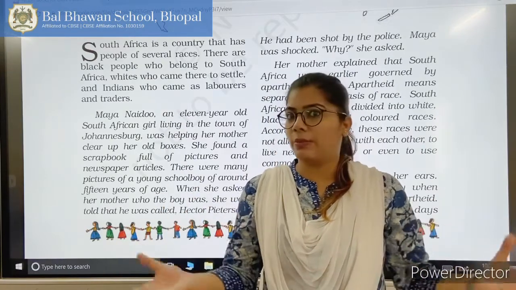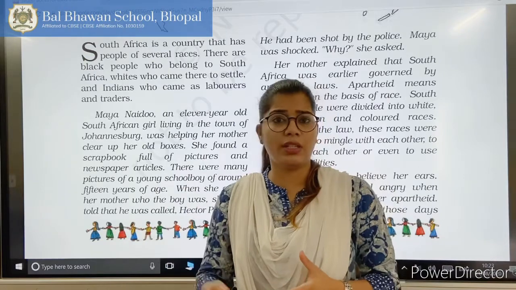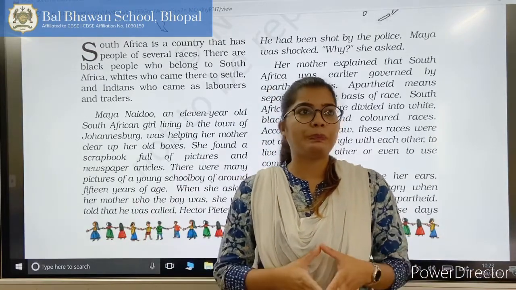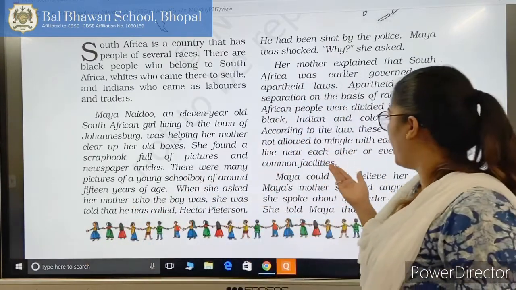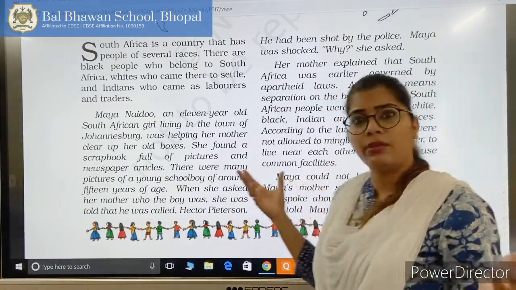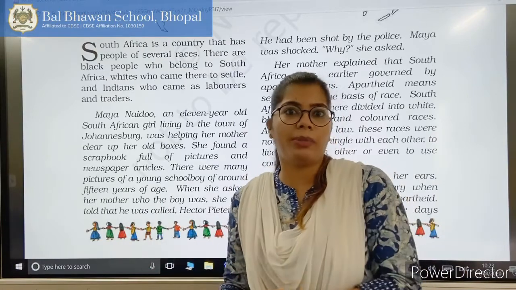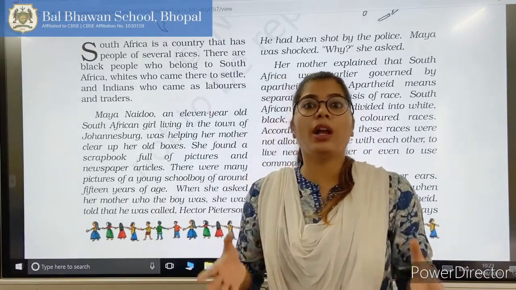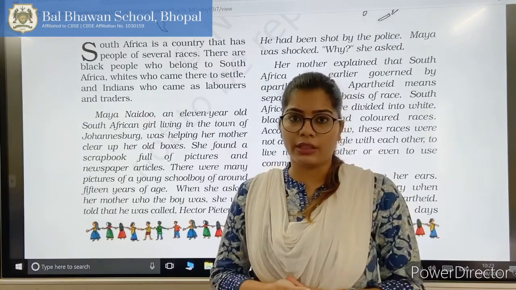They can't live in the same society, they can't use common facilities like the same hospitals, same transportation, they cannot visit the same school or organization, and they cannot party together, they cannot be together. So according to apartheid, the people were not allowed to mingle, to be together, to use the common facilities.